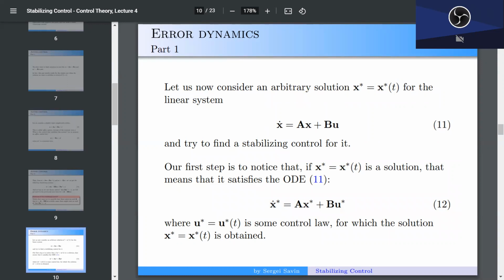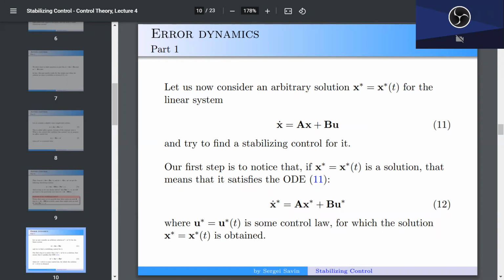And you want to stabilize a solution x desired, which is a function of t. So just some function. Let's say sine t or something else. I mean, it doesn't actually matter, right? Some solution. I will just draw it graphically. For example, the solution looks like this. And you want to stabilize it.